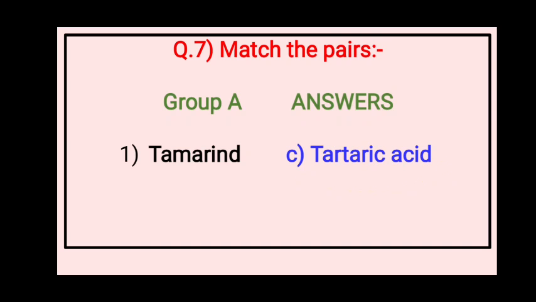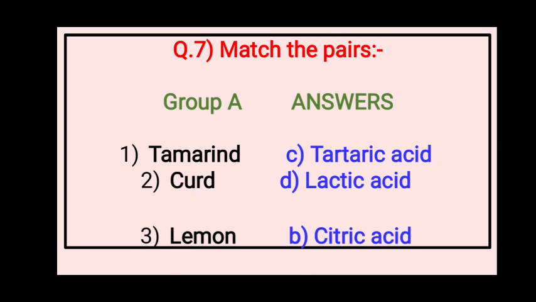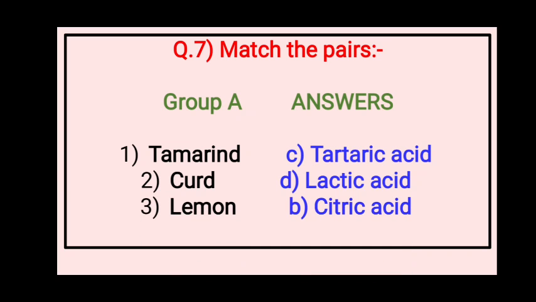Second one, curd. Now which acid is present in curd? It is lactic acid. So second question is D1, option D. Third one, lemon. The acid present in lemon is citric acid, B1.